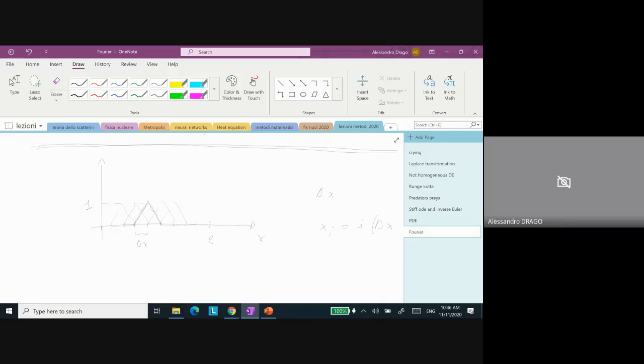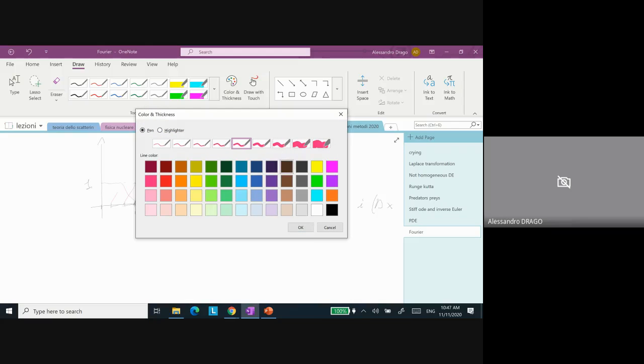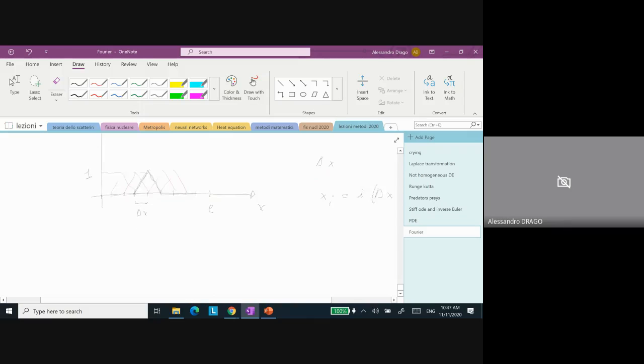Of course, as you will see, this can work, but we are not always happy with this type of approximation. Why not always? You can already see the problem. The problem is that I have introduced, for instance, a point here where the first derivative of the function is discontinuous. Intuitively I think it's quite obvious.